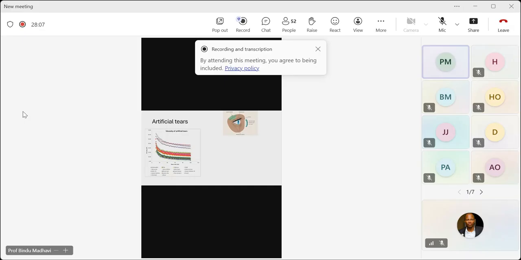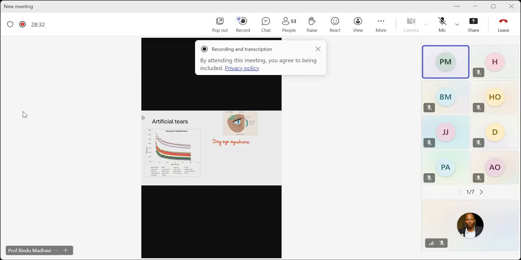The next one is the artificial tears. How viscosity can be used in artificial tear formulation. Artificial tears are the formulations which are used for dry eye syndrome. So in dry eye syndrome, lacrimal fluid is not secreted.